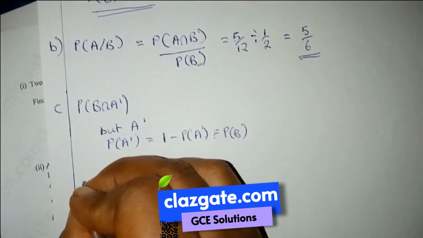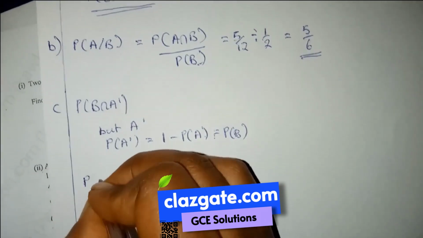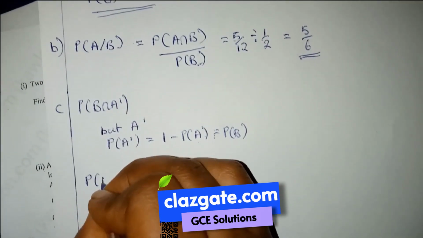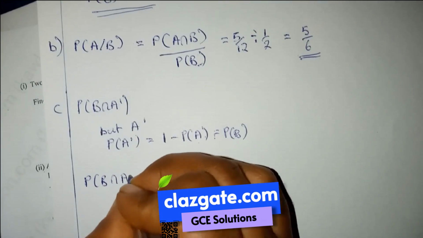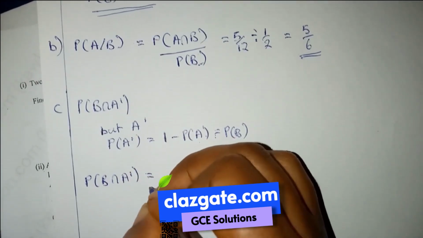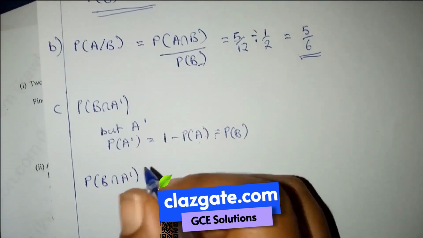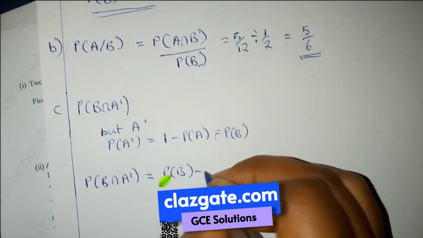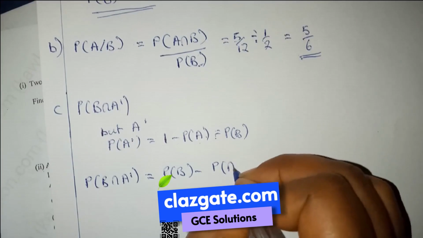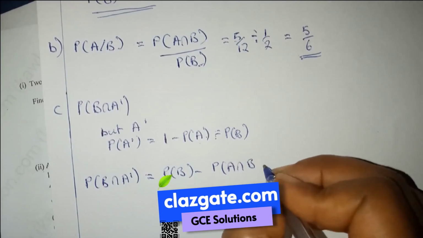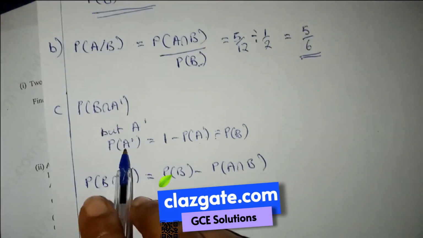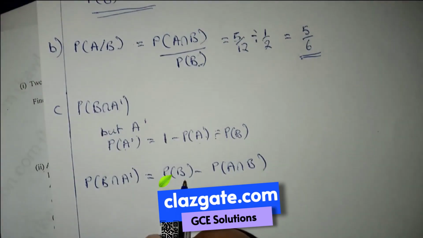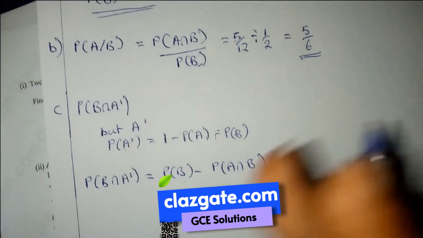So it means that our probability of B intersection A complement is going to be the probability of B minus the probability of A intersection B. Because A complement is B, since there are only 2 events.